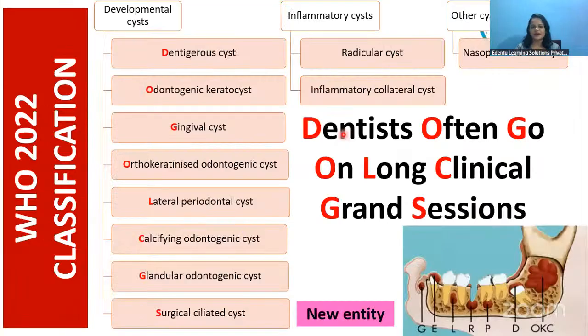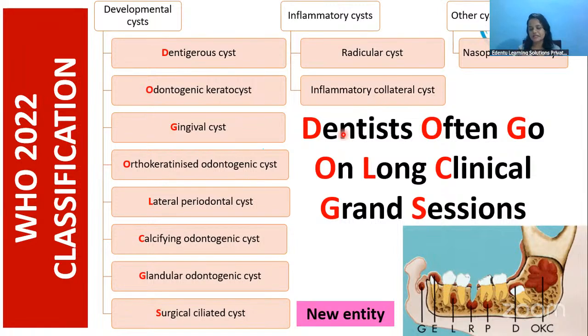Coming to the classification of the cyst. Cysts of the jaws can be classified broadly into two types: the odontogenic cyst and the non-odontogenic cyst.